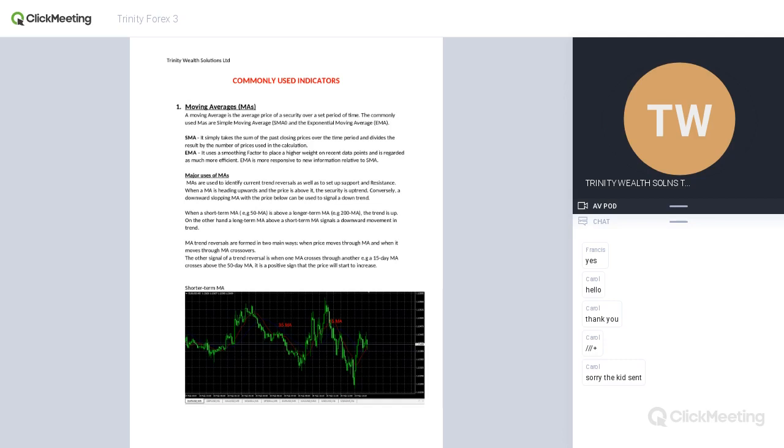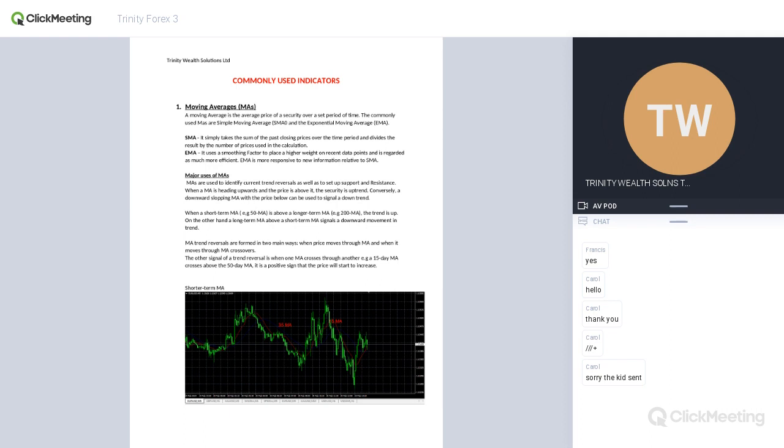So SMA, that is simple moving average, simply takes the sum of the past closing prices over the time period and divides the result by the number of prices used in the calculation. So this is just a simple moving average. You just average the closing price over that period of time.